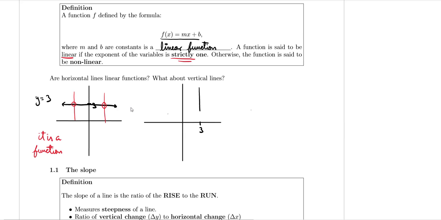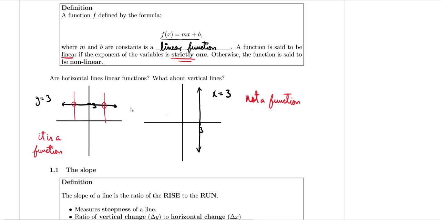Now this one is a vertical line, and the equation here is given by x equals 3. Now, is this one here a linear function? Well, it is a line, but is it a function? Again, thinking about the vertical line test, how can it be a function if it is itself a vertical line? So this one here is not a function.